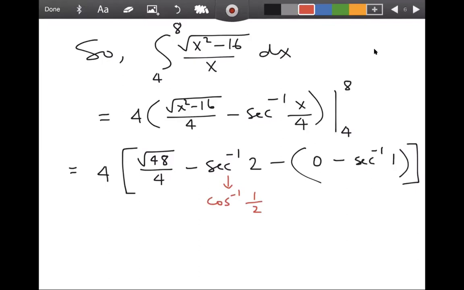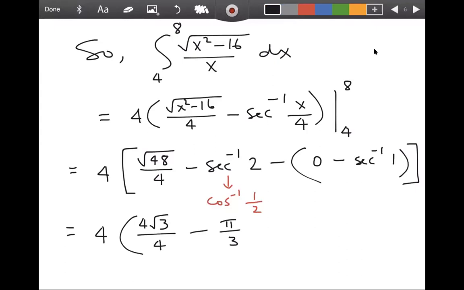Let's see. So this is 4 times, and I guess I should simplify this radical. Square root of 48 is 4 square root of 3. Minus pi over 3.